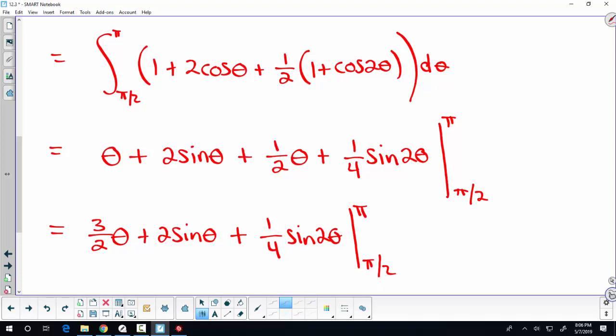So, plug in and have fun. It's 3 pi over 4 minus 2. These two are like terms.